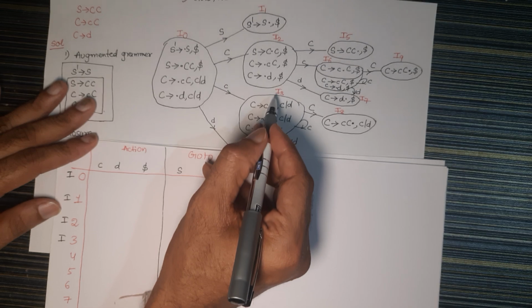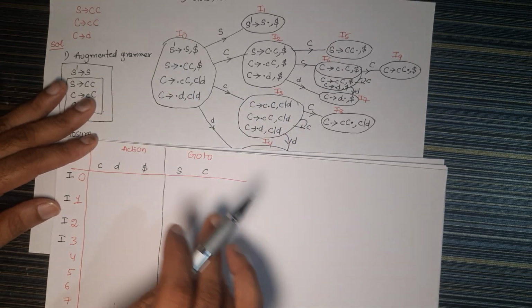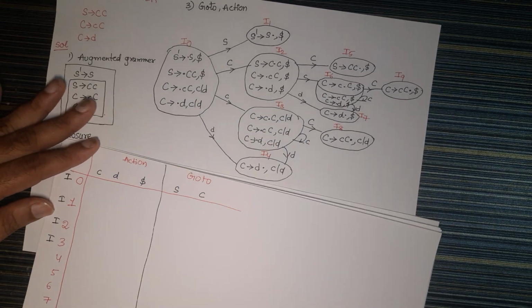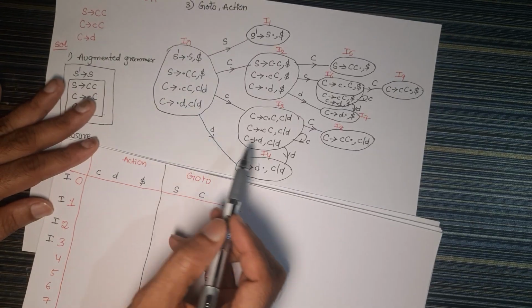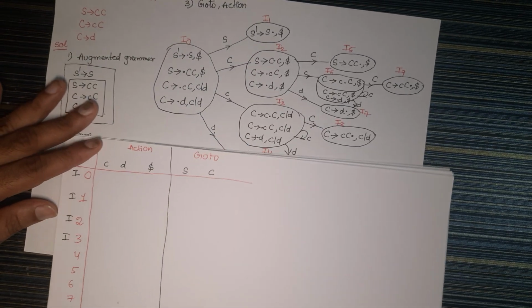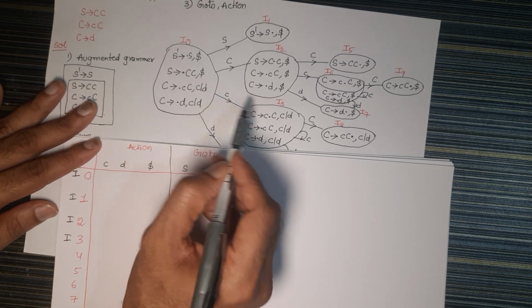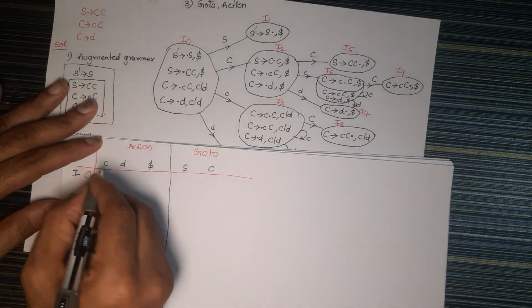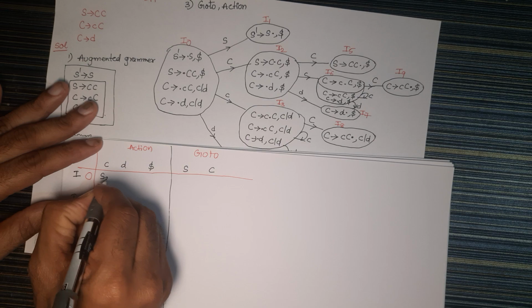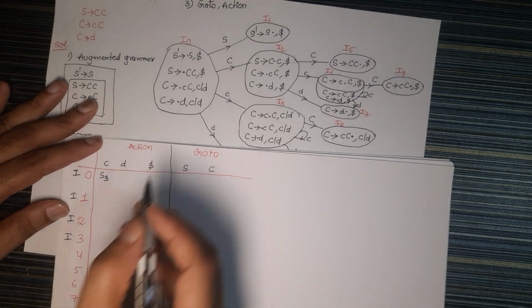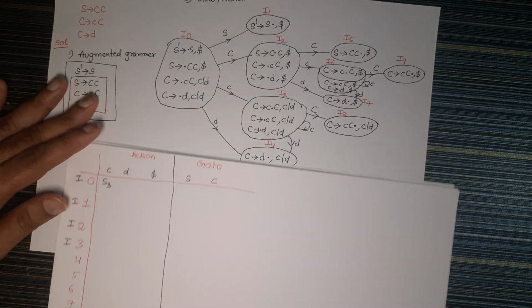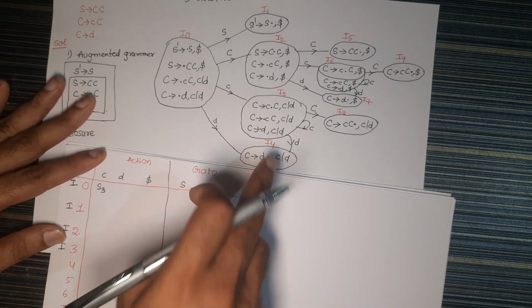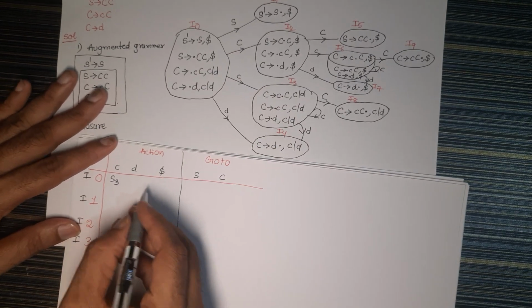I3. I0 on small d goes to I4. So when I0 on small c goes to I3, we write S3. I0 on small d goes to I4, so we write S4.